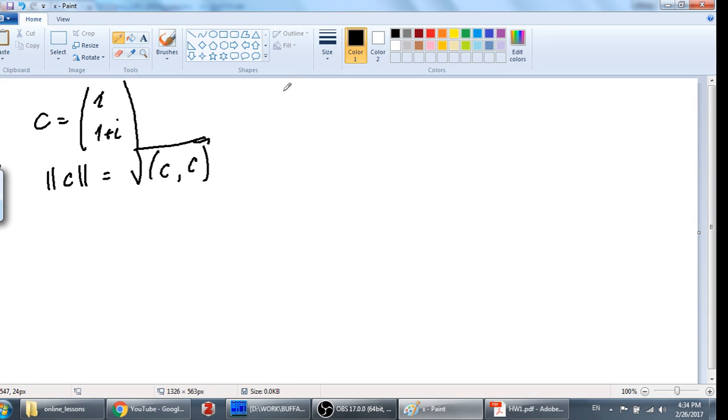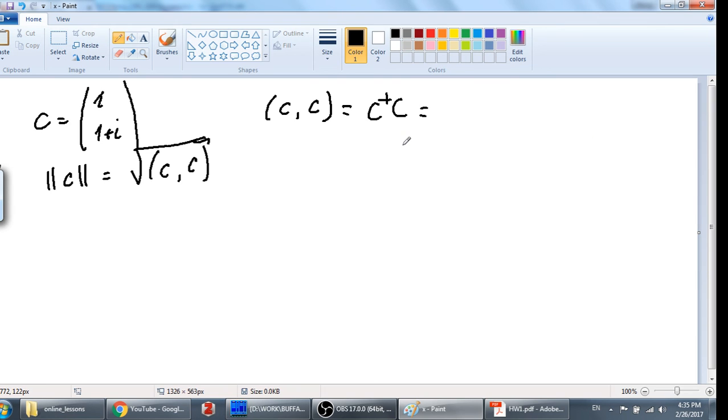Now, the scalar product in case of complex valued vectors, you can think in terms of C plus and C, where C plus is the transposed and complex conjugated vector. You basically need to transpose and complex conjugate this vector.